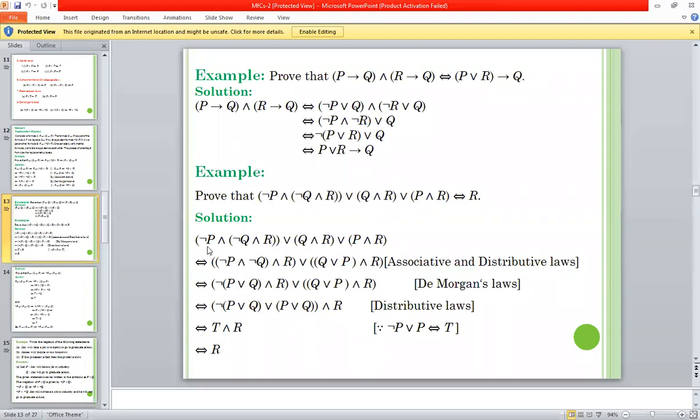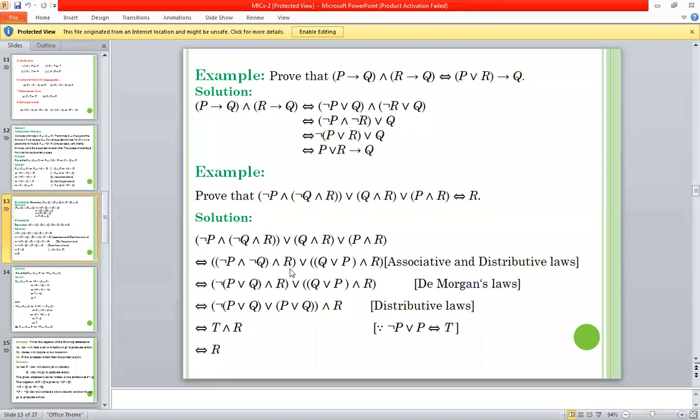In this statement, the first part, negation P and negation Q and R, we are applying the associative law.